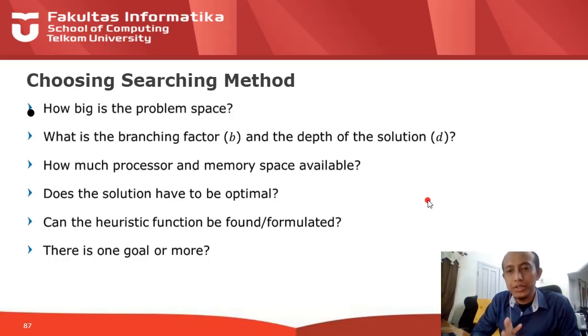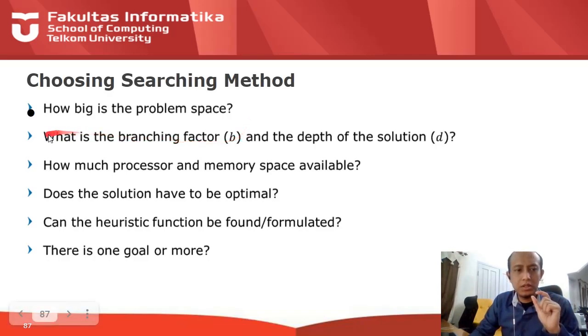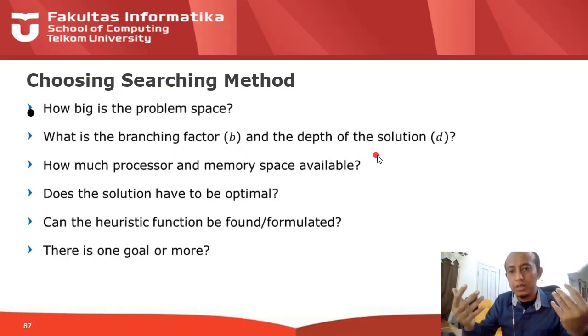So, when choosing a searching method, there are a number of factors that we need to consider. The problem space. Some algorithms are good for only smaller problems. The branching factor and depth of solution. If they are too big, it is a sign that you should not use breadth first search or depth first search.